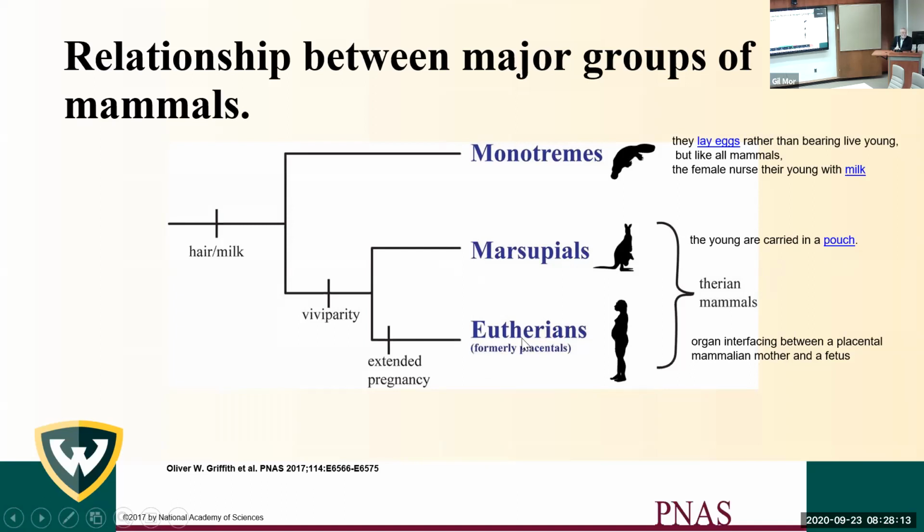And then we have the eutherians, which were formerly called placentals, and they include the mammals as well as the humans within those mammals, where there is an organ interfacing between the fetus and the mother, that is the placenta.